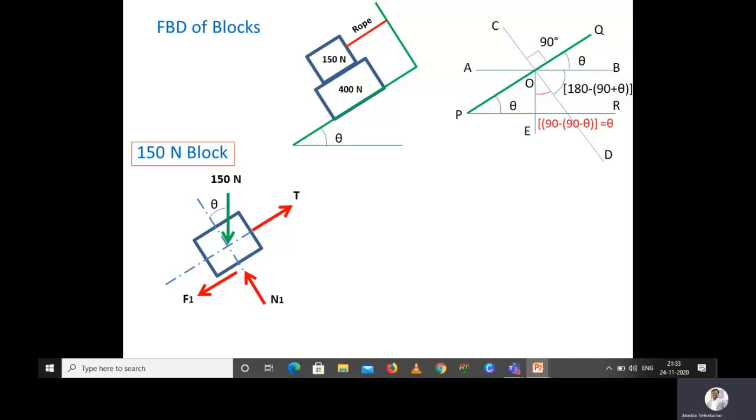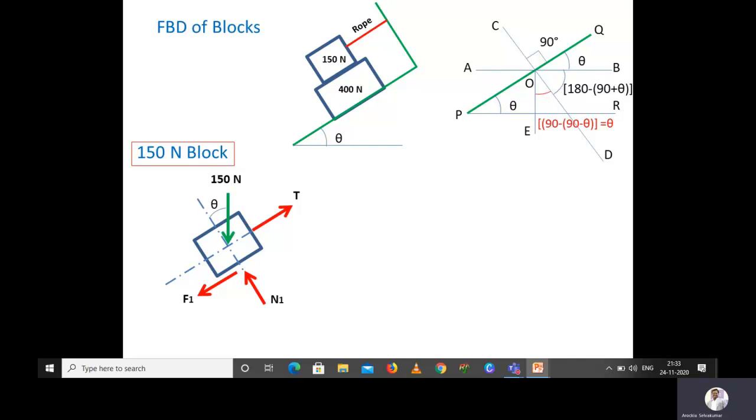Substituting, I get this value as theta. So in an inclined plane condition, the normal reaction acts perpendicular to the inclined plane. Whatever angle the inclined plane has, the normal reaction also has the same angle with respect to the vertical line. That is one point.